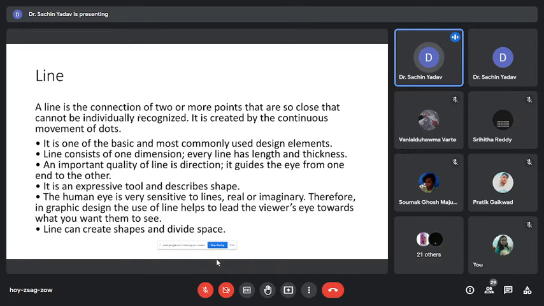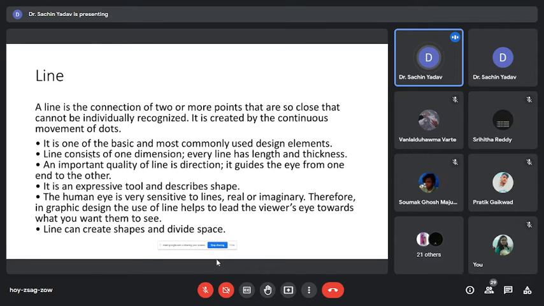It is created by the continuous movements of points, continuous movements of dots. Right. It is one of the basic and most commonly used design elements. Right. So line is a very important architectural design element.